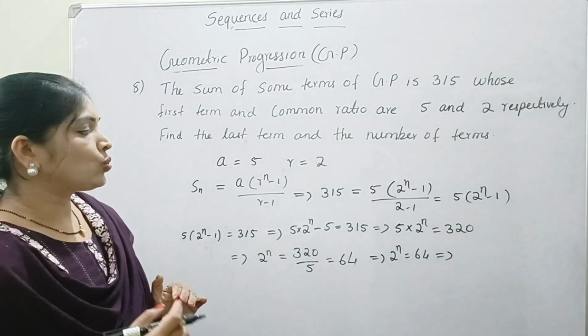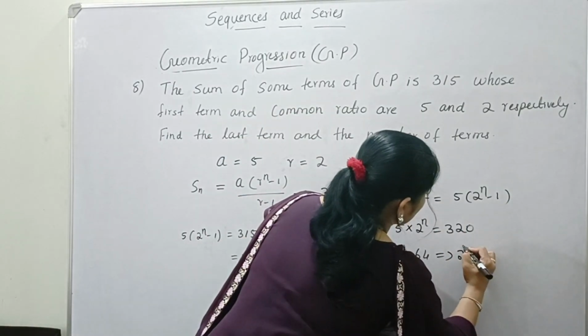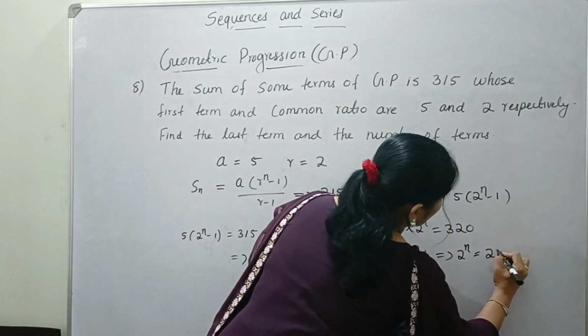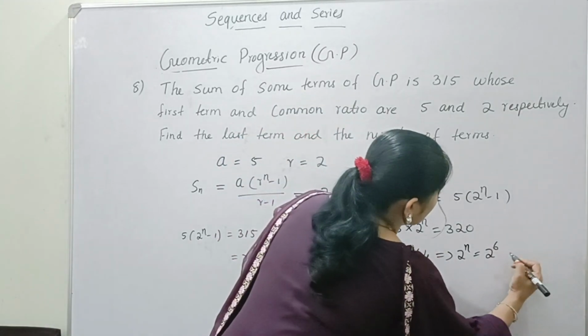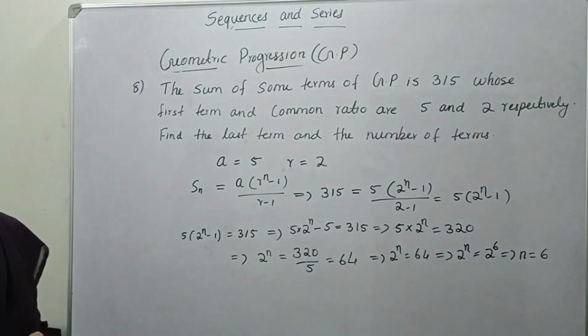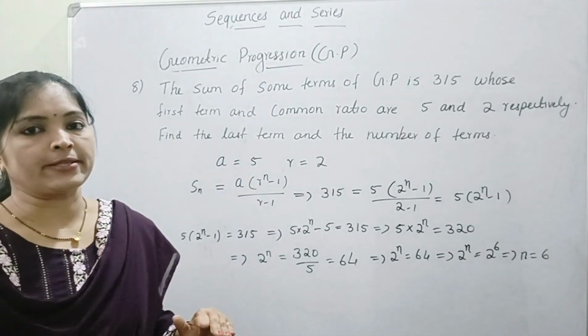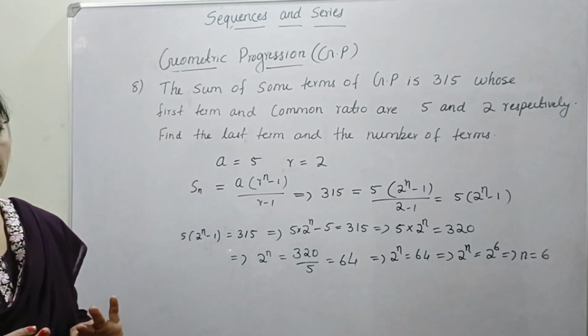We know that 2 raised to 6 is 64, right? So 2 raised to n is equal to 2 raised to 6. That implies n is equal to 6. That means there are 6 terms in this GP.